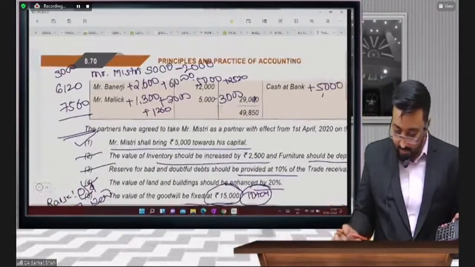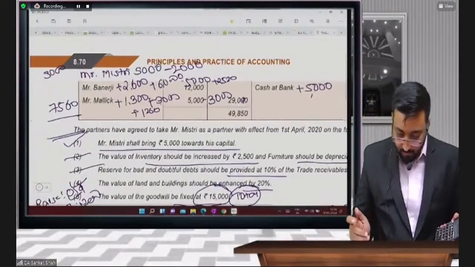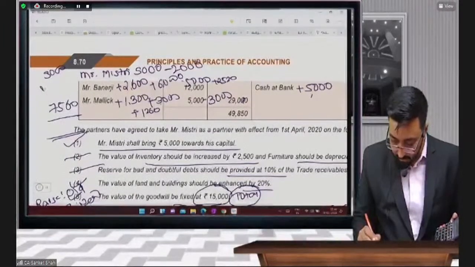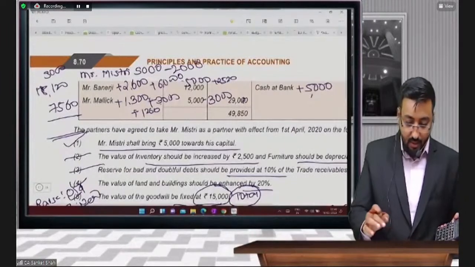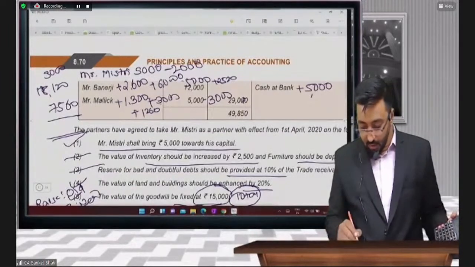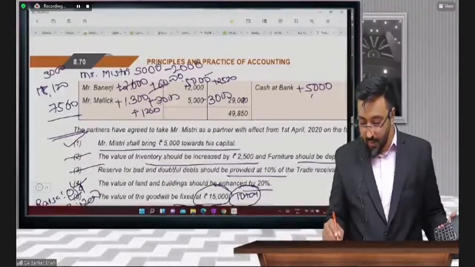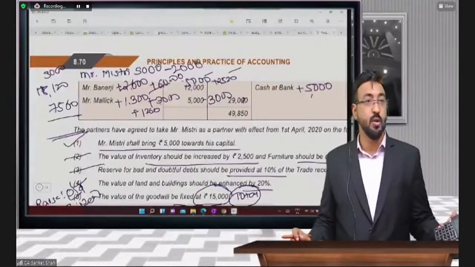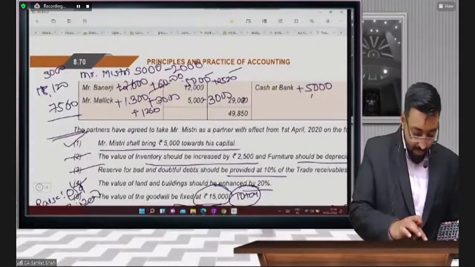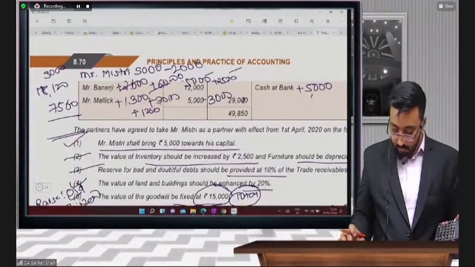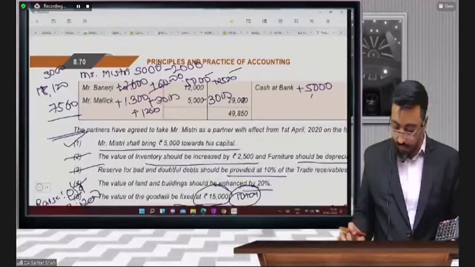So beta, this is 18,120. Banerjee, I wrongly wrote it, I made a mistake. 12,000 plus 2,600 plus 6,000 minus 5,000 plus 2,520. Okay, Banerjee was wrong, it is 18,120.